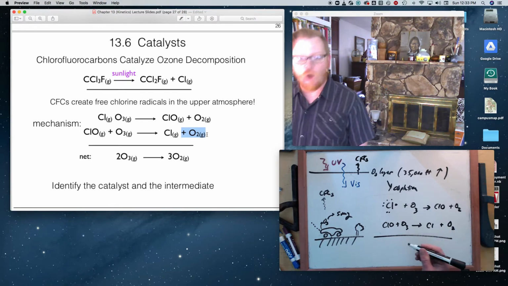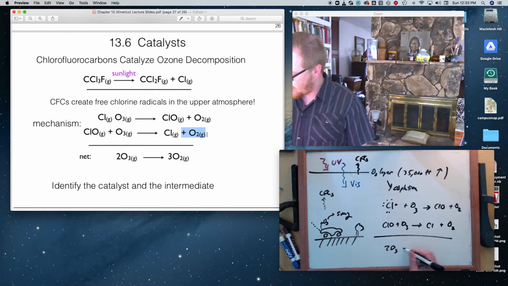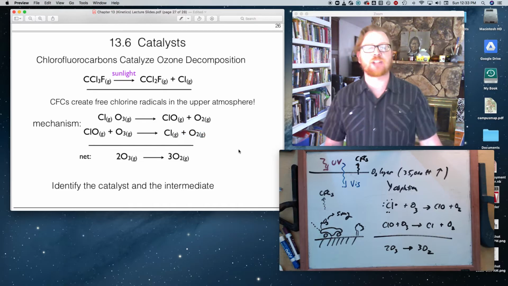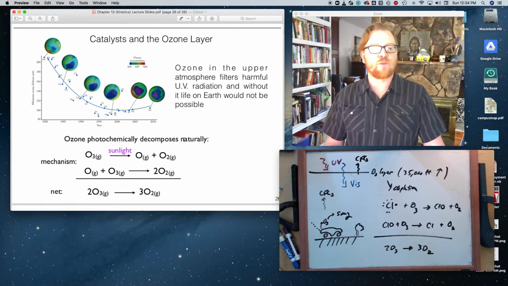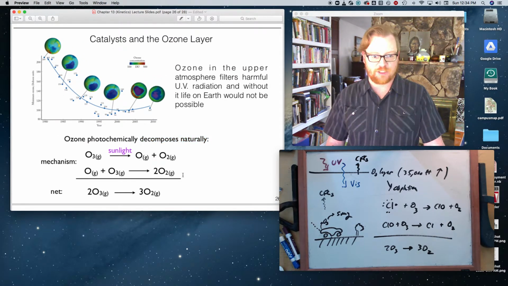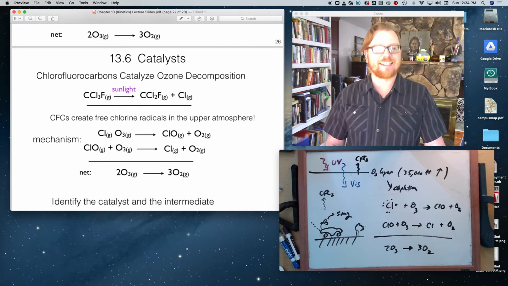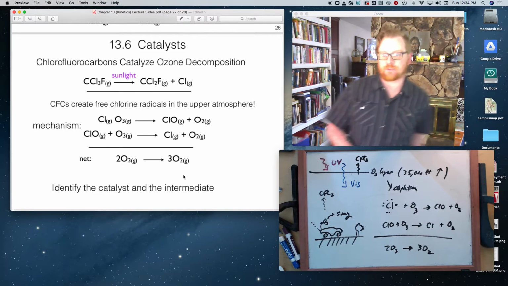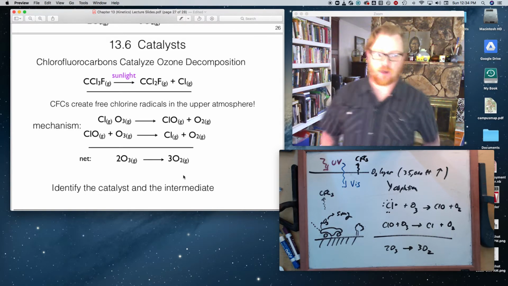And so the overall reaction of this is 2 O3s become 3 O2s. It's the same reaction that I showed you up here for the natural decomposition. However, this catalyzed decomposition occurs really fast, much, much faster than the natural process.